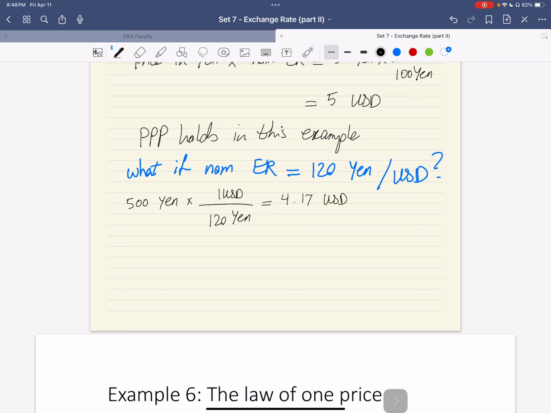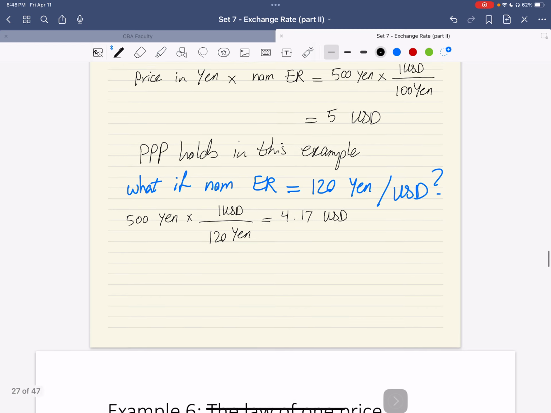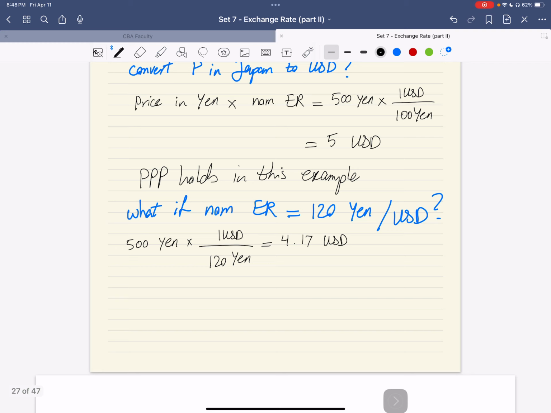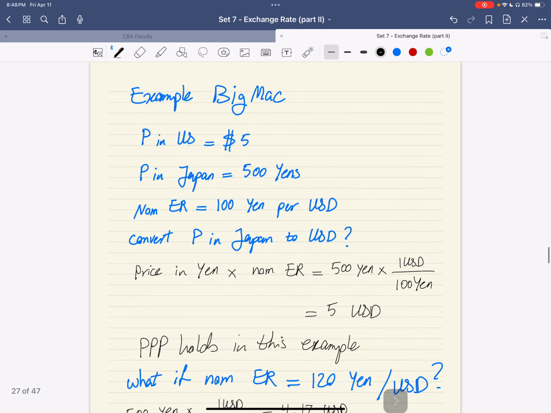So the same Big Mac, which costs 500 yen, is equal to 4.17 US dollars. If I buy this Big Mac in Japan, it is cheaper. I will take it to the US and sell it at $5 and I can earn some profit.